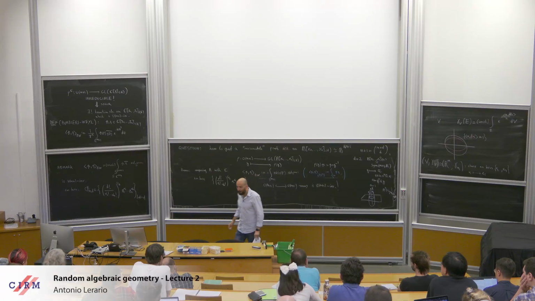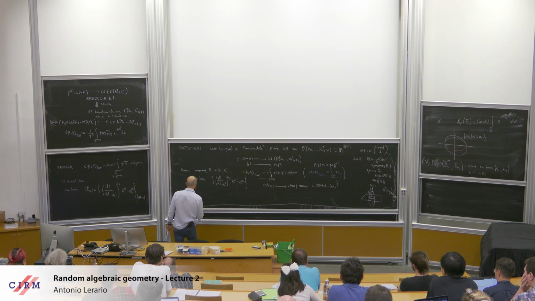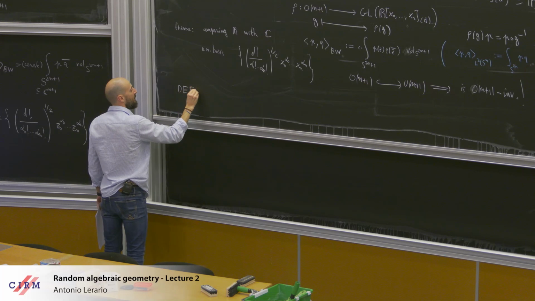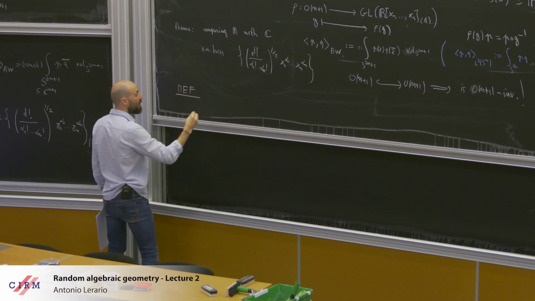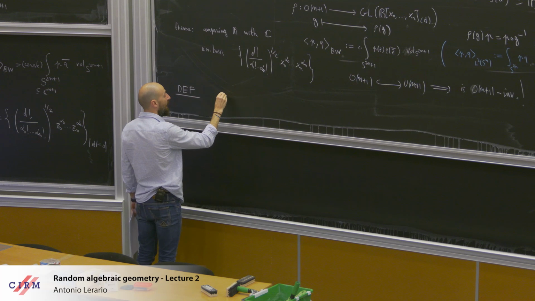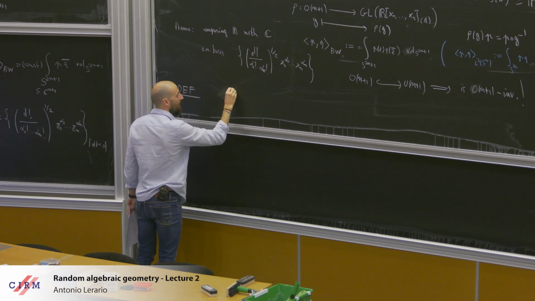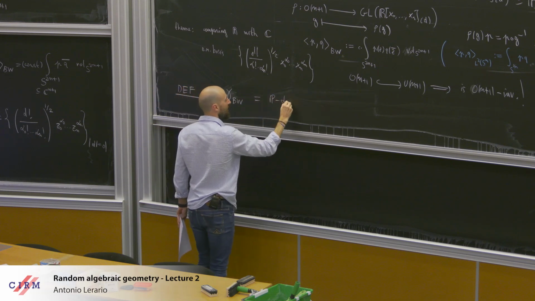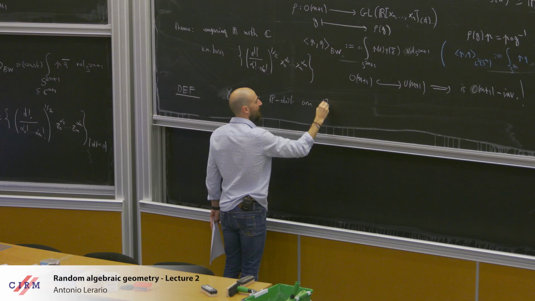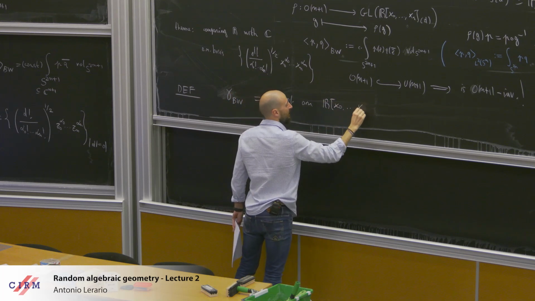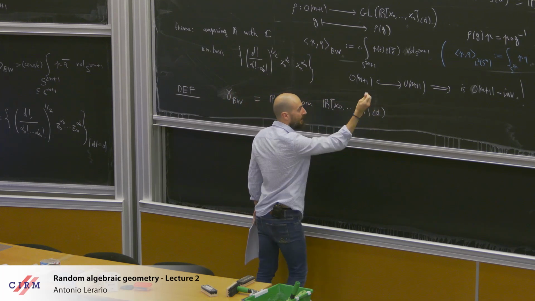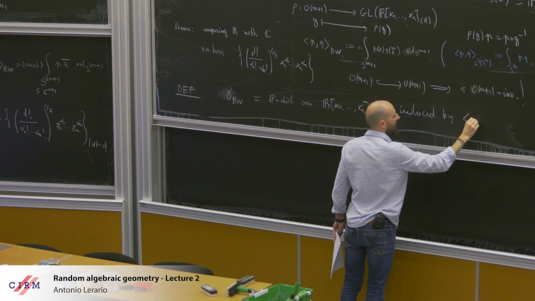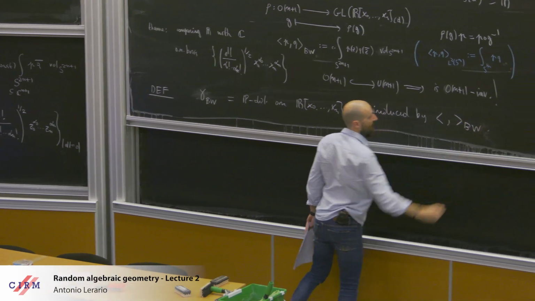And so finally, my definition is the following: the Bombieri-Weil probability distribution, which I denote gamma BW, is the probability distribution on the space of polynomials induced by the Bombieri-Weil scalar product.